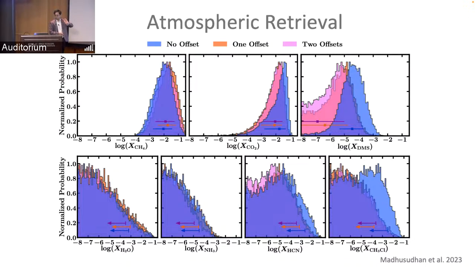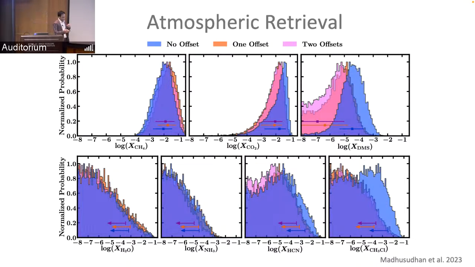And hold on to your chairs. We don't know if this is real yet, but DMS is a biomarker. So on Earth, dimethyl sulfide is produced just by life. You cannot produce it any other way. So we are not claiming this as a robust detection. That detection actually goes away if we massage the data in different ways. We move this, introduce enough offsets, it can go away.